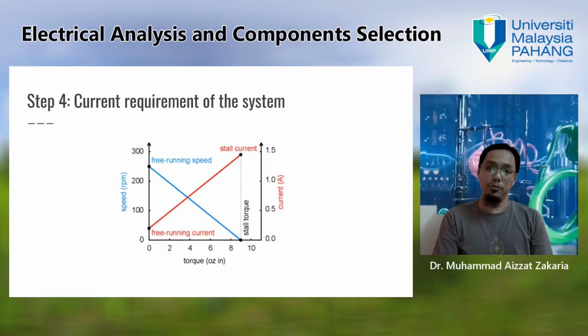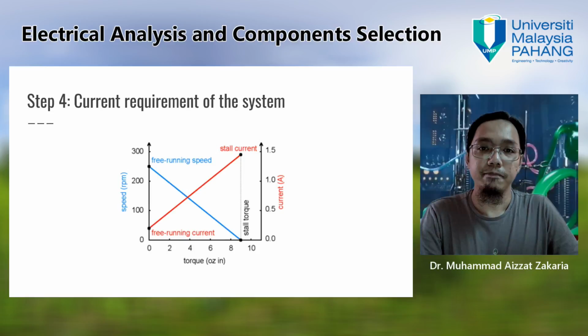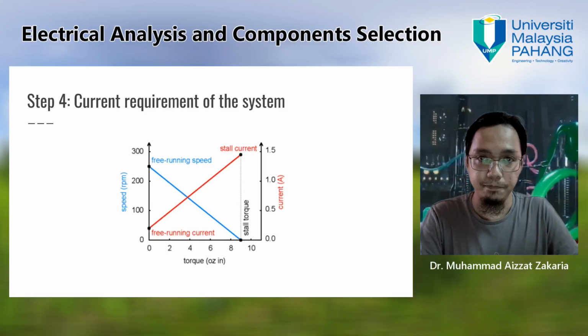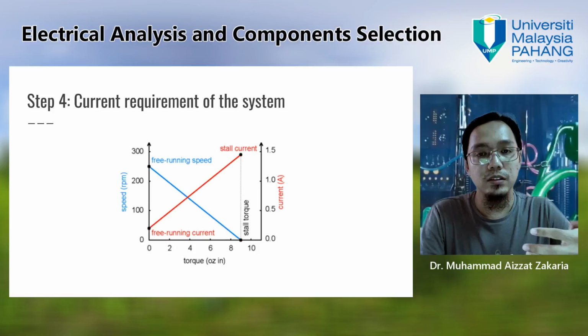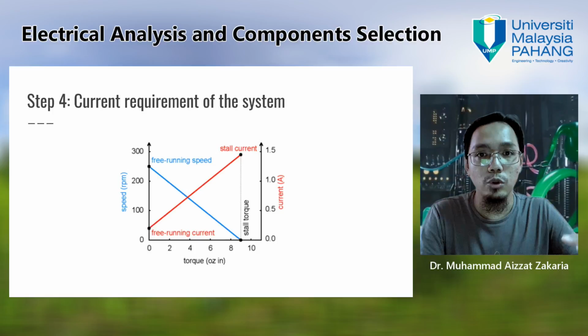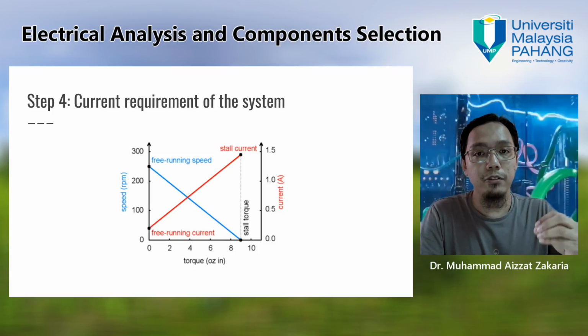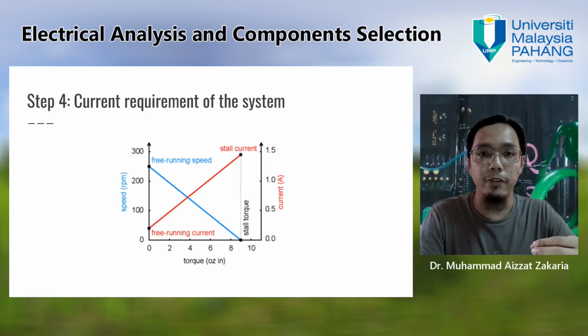And also we have to check the current requirement of our system. When we start the motor at first, the current value is very high because the motor has to overcome a very high amount of starting load.